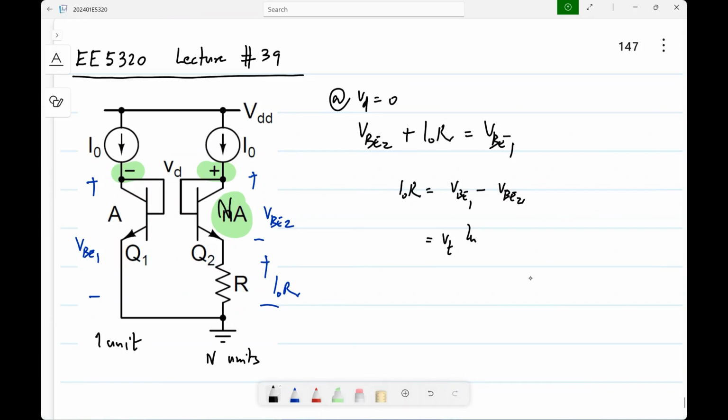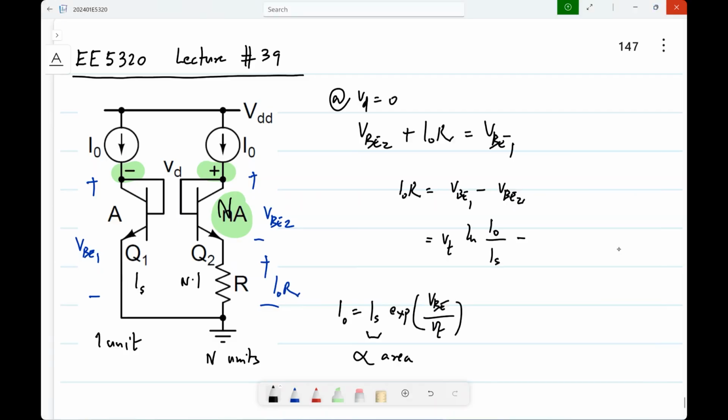The current is exponential in V, and this is proportional to the area. What IS is doesn't matter.